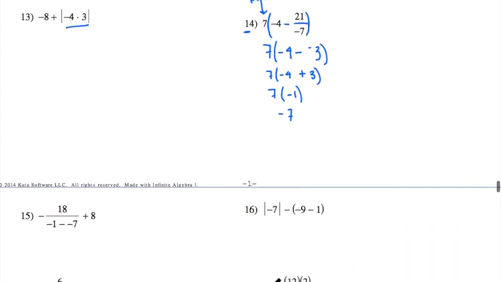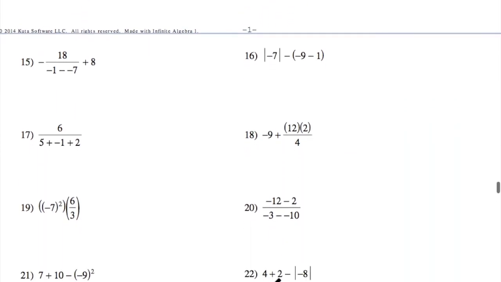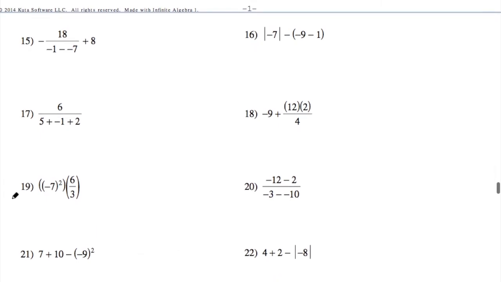Great. Okay, let's just scan for any other problems that might come up. Boy, doesn't 19 look fun. Let's check out that one. All right, so I see a lot of parentheses. I see parentheses inside of parentheses. So we want to go into the very middle of all our parentheses and kind of work our way out. So inside here, in these very inner parentheses, I just see a -7.